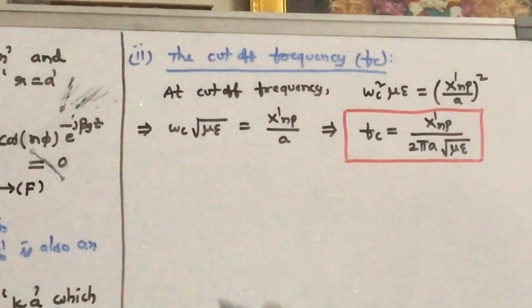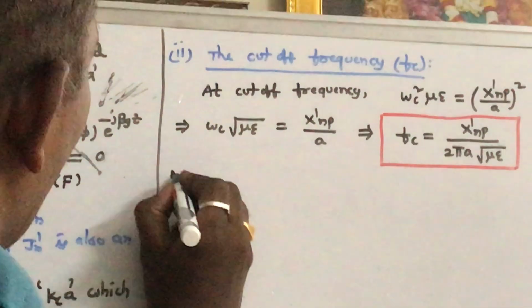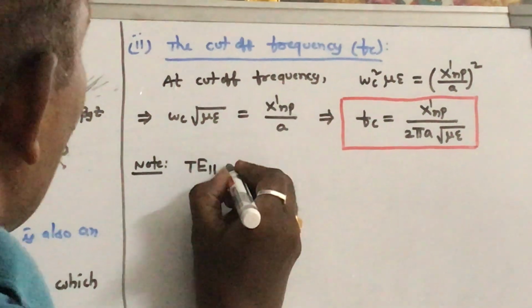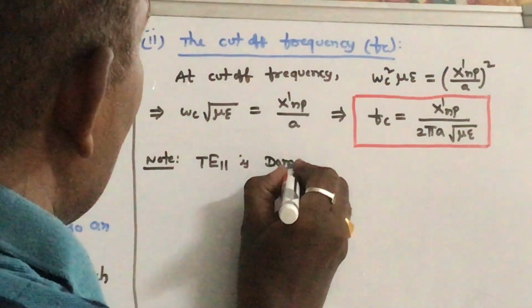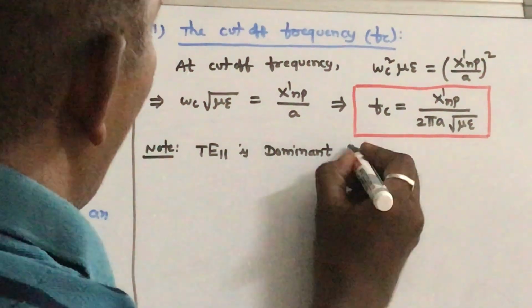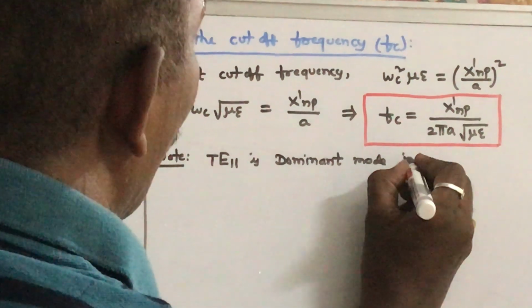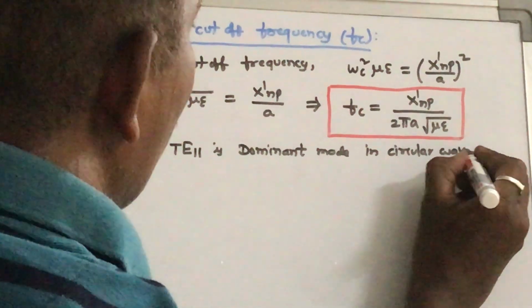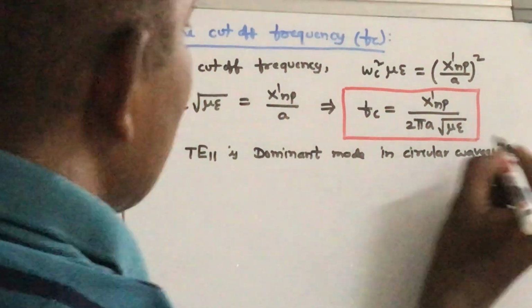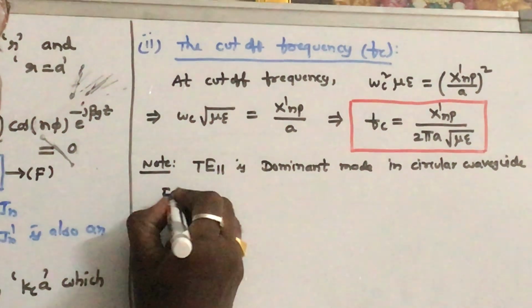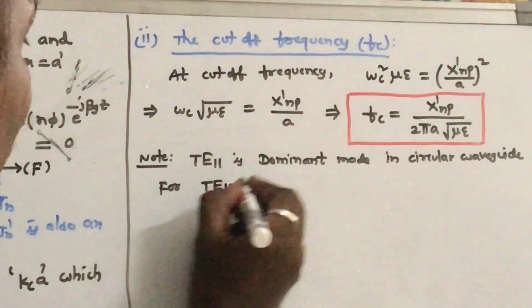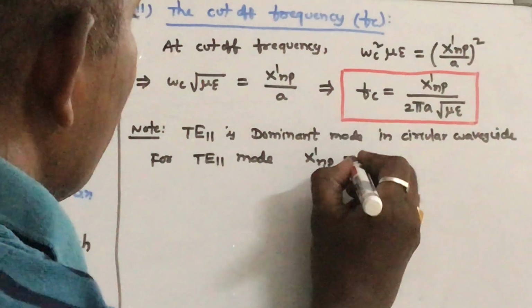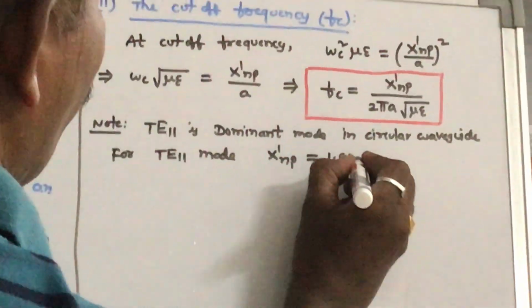Now note a very important thing: TE11 is the dominant mode in circular waveguide. Remember that. For TE11 mode, x dash np is equal to 1.841.